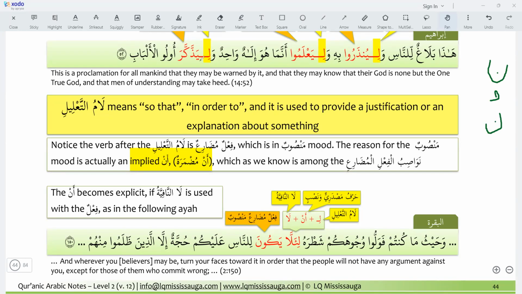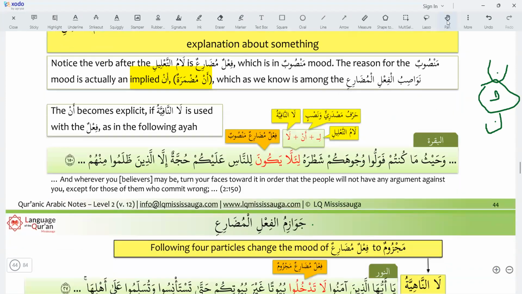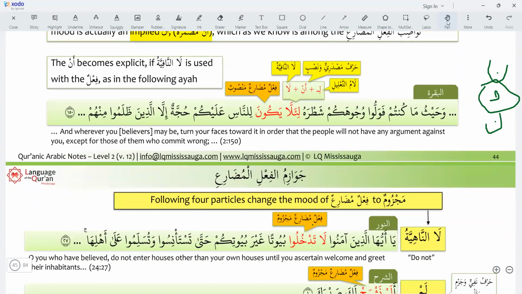So li-yadhdhakkara, it has dhamma when it is marfu, and when it is mansub, it takes the fatha. So here, what he wants to tell you. Here is another example, you will understand better.